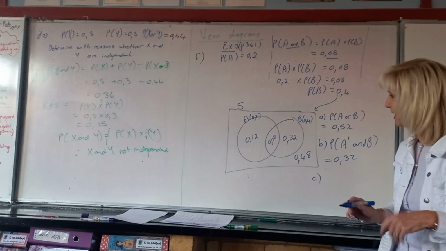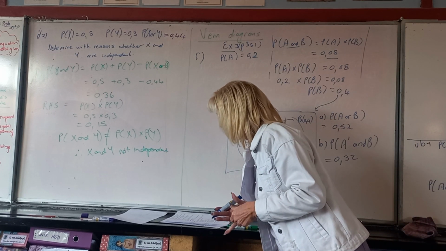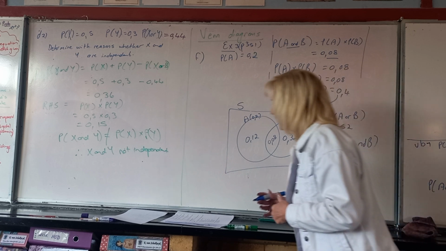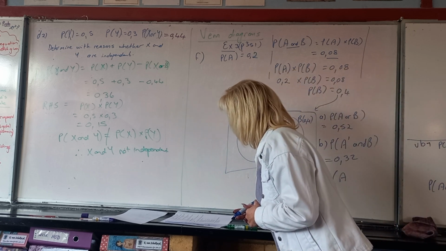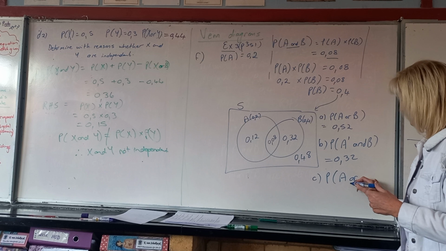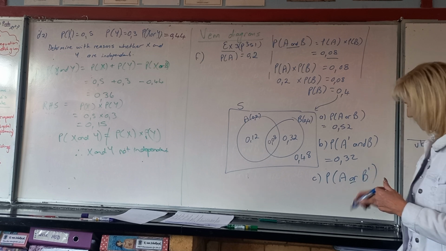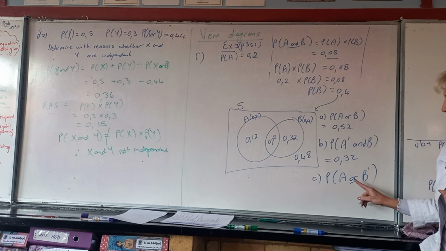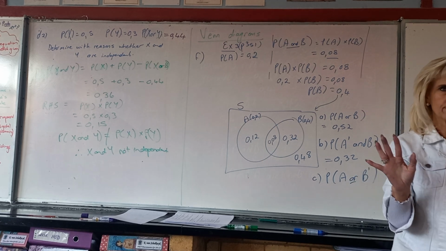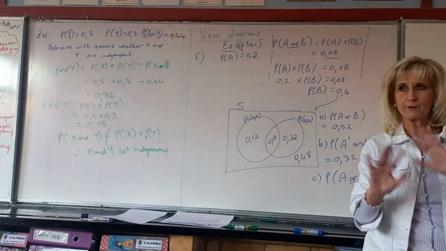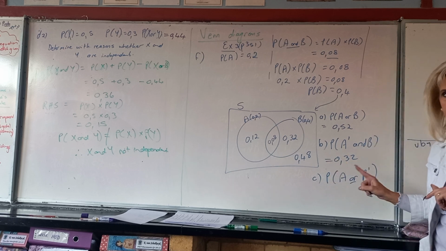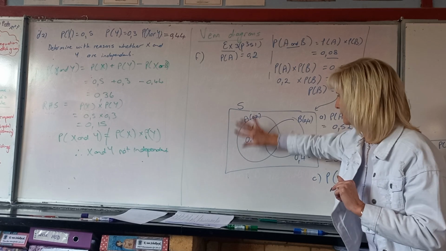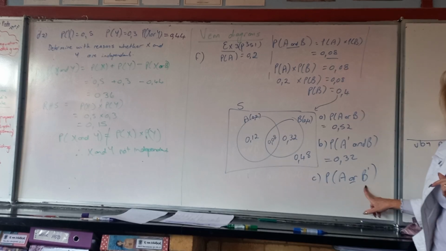Number C. What is the probability of A or not B? So I'm really trying to find out whether you can be. Or means what? Add all the stuff together. But now what stuff? A and not B. Where is not B?